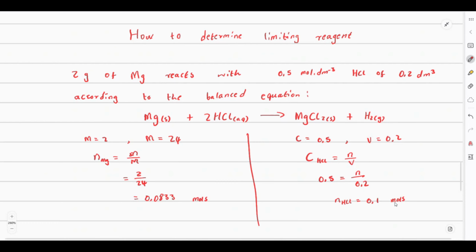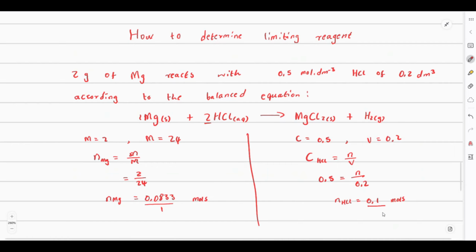There you are not done. You are not complete. You are almost there. What you do next is take the number of moles of each reactant and divide it by the stoichiometric ratio, or the coefficients. Here the coefficient is 1, here the coefficient is 2. So you divide both of them by the stoichiometric ratios. Here I will divide by 1 and it will make no difference.